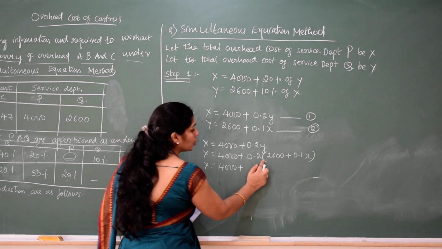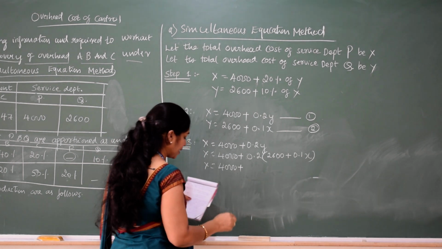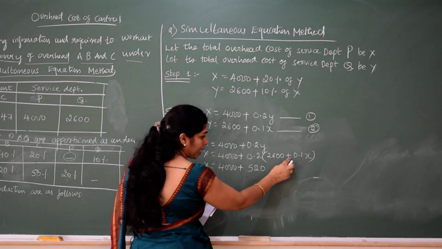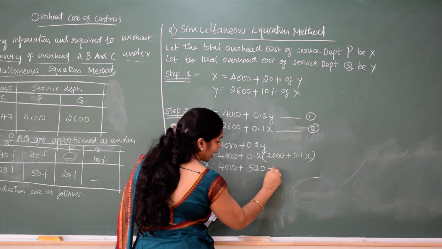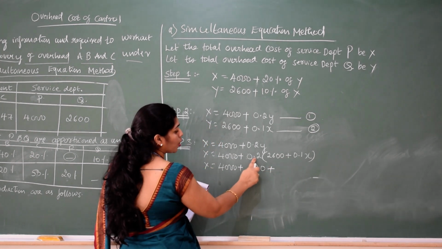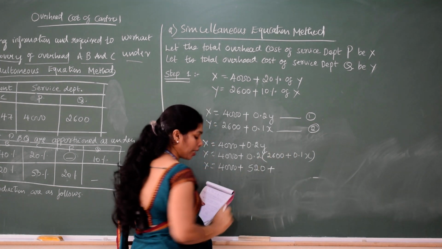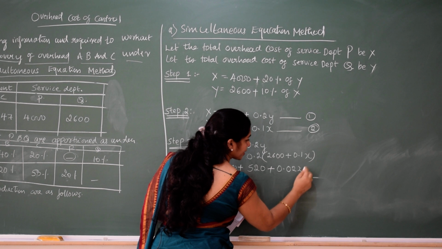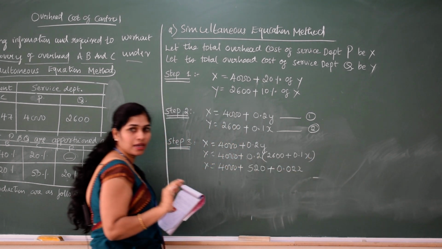So 0.2 into 2600 comes to 520. Then again you write plus, it is again plus. So 0.2 into 0.1 comes to 0.02X, and you write X the same. Is it clear?